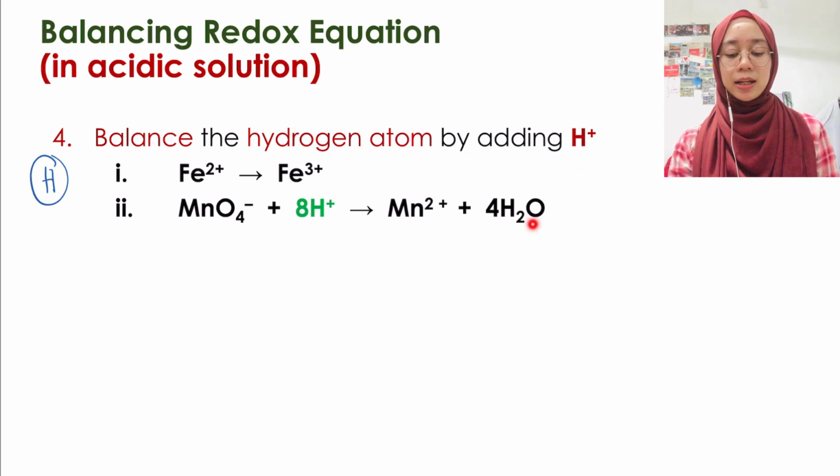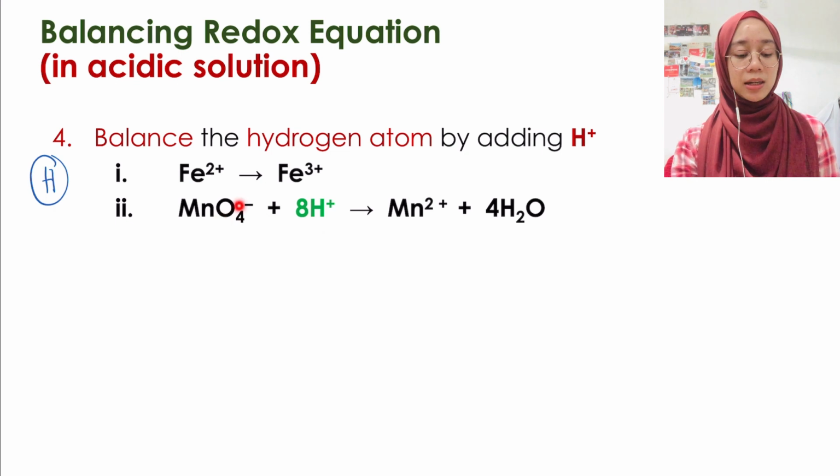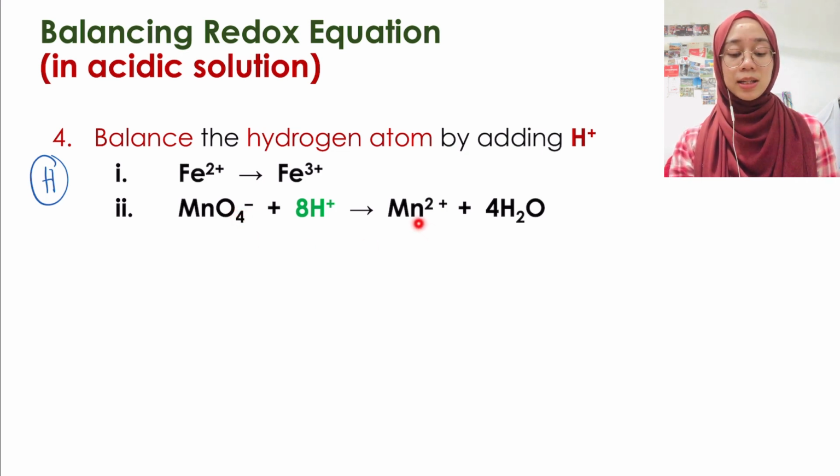So sebelah kanan ni kita ada 8 hydrogen. Meanwhile kalau kita abaikan dulu yang 8H+ ni, initially kita just ada MnO4- kan, meaning we have 0 hydrogen dekat situ. So that is why in order for us to balance this, we need to tambah 8H+ sebelah kiri ni, so that both side now kita ada 8 hydrogen.